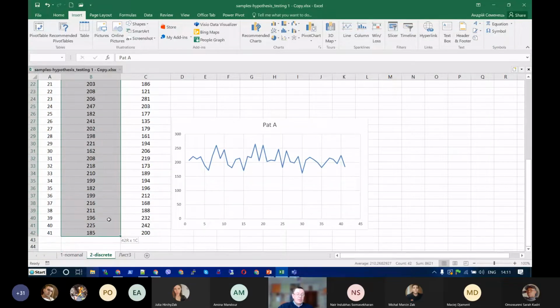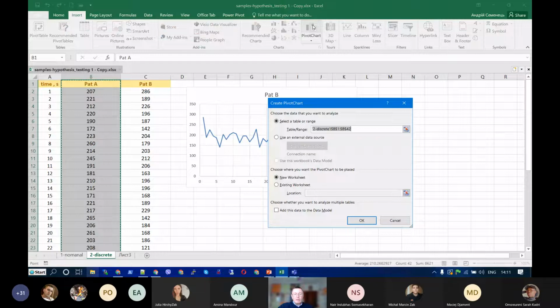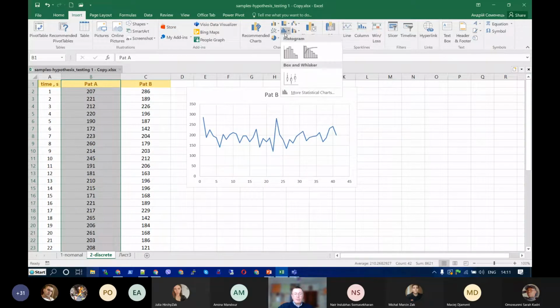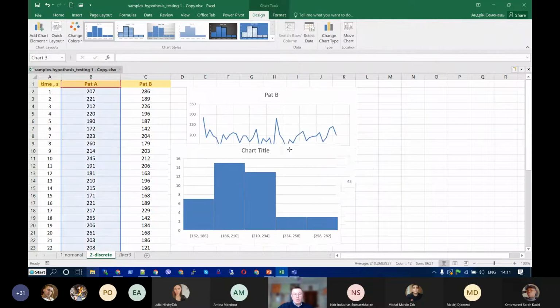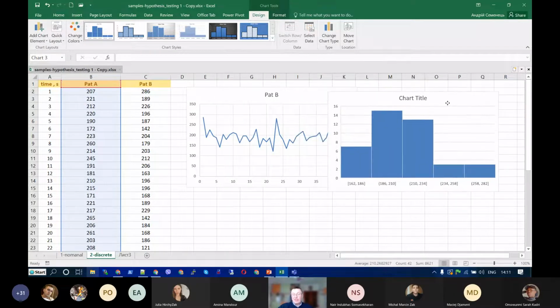As I already said, we can also try to insert a specific chart. For example, we can use a histogram chart, which gives us the likelihood of normal distribution for a numerical data set.